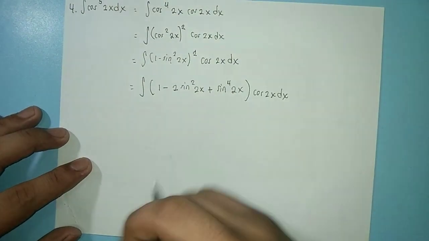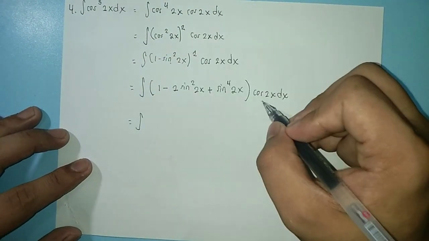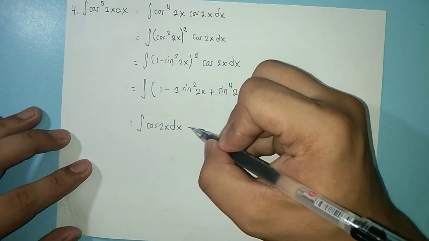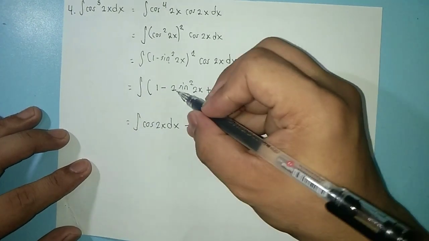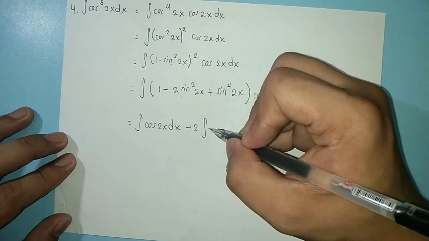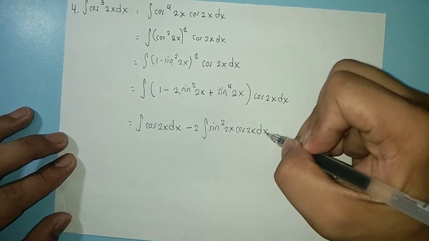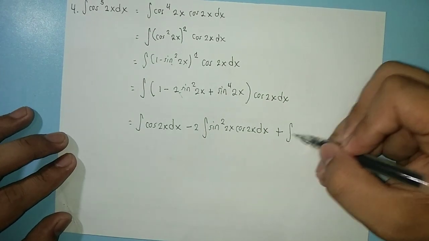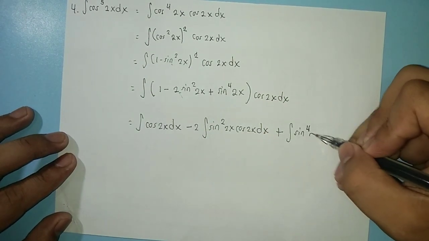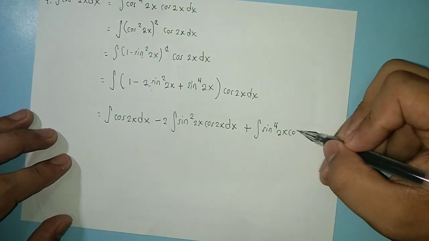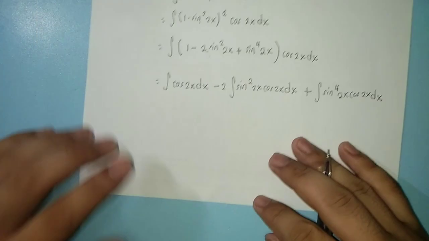Then, saka natin i-distribute. So, magiging integral of cosine 2x minus 2 integral of the square of sine 2x cosine 2x dx plus square of sine 2x raised to 4, sine 2x pala raised to 4 cosine 2x dx.